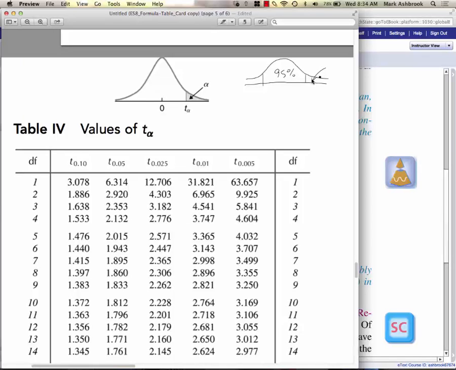We're interested in that right there. What percent would that be? 2.5%. Agree with that? Half of 5%. 5% is going to be everything outside of the interval. So we want half of that.